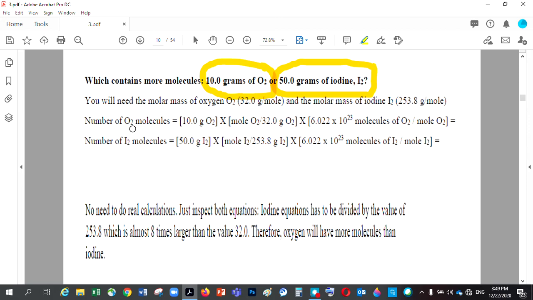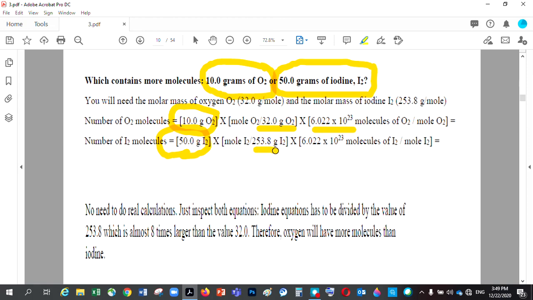Number of oxygen molecules, I start with the number given to me, 10 grams of oxygen. Then I divide it by the molar mass of oxygen, which is 32, two oxygens. Okay, and then multiply it by Avogadro's number, correct? Here with the iodine, I do the same thing. I have 50 grams.